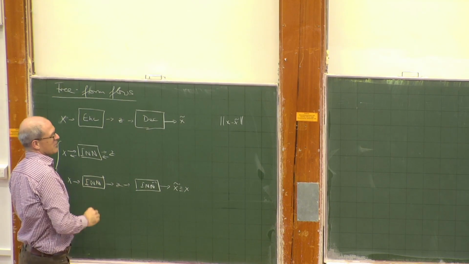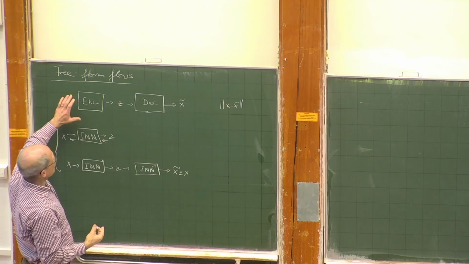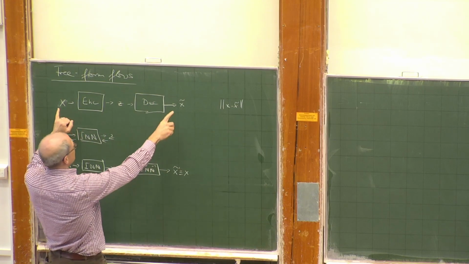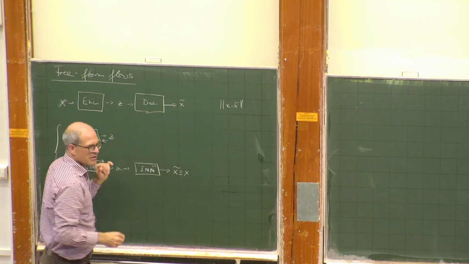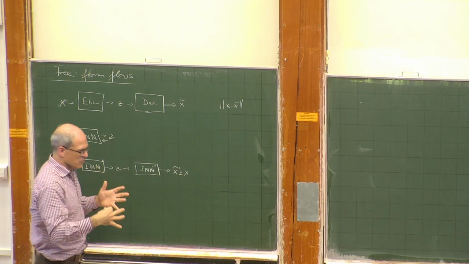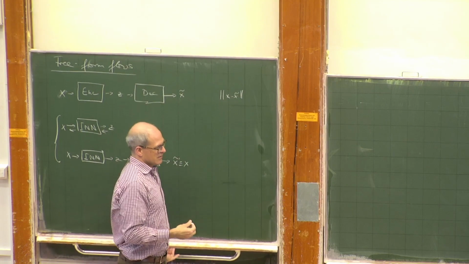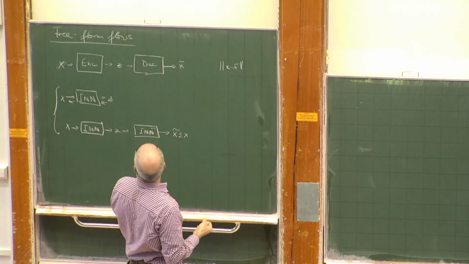This is the basic idea. The downside is that it's not precisely invertible, it's only approximate. And the upside is that you don't have these weird architectural constraints that we have seen in the coupling neural networks.